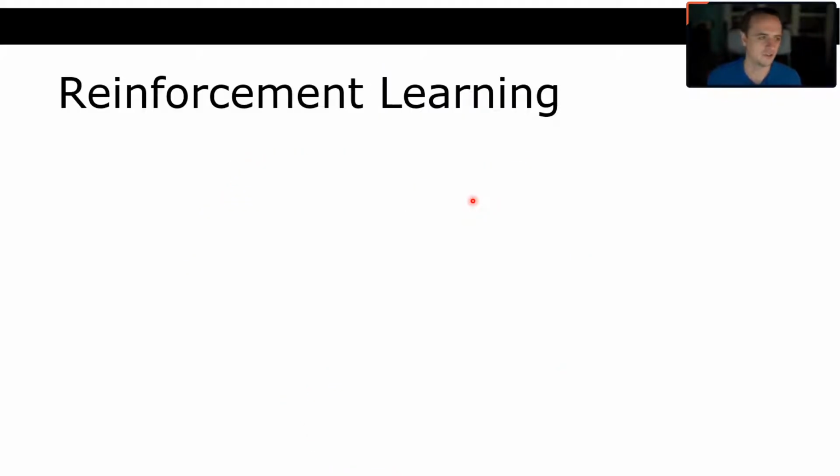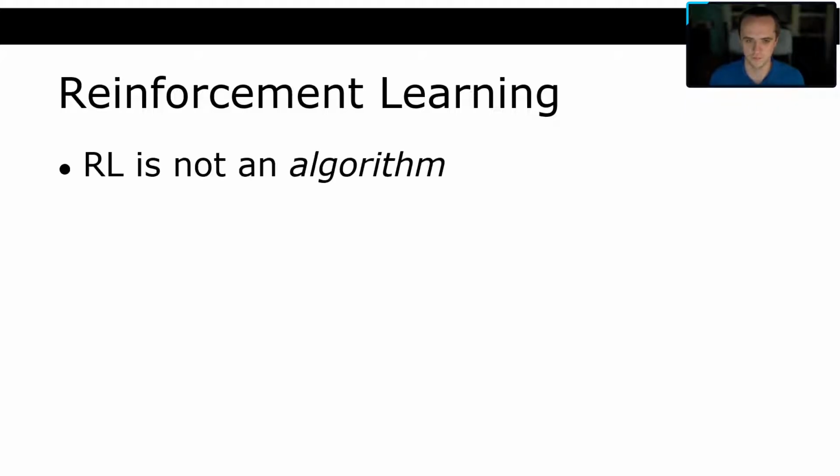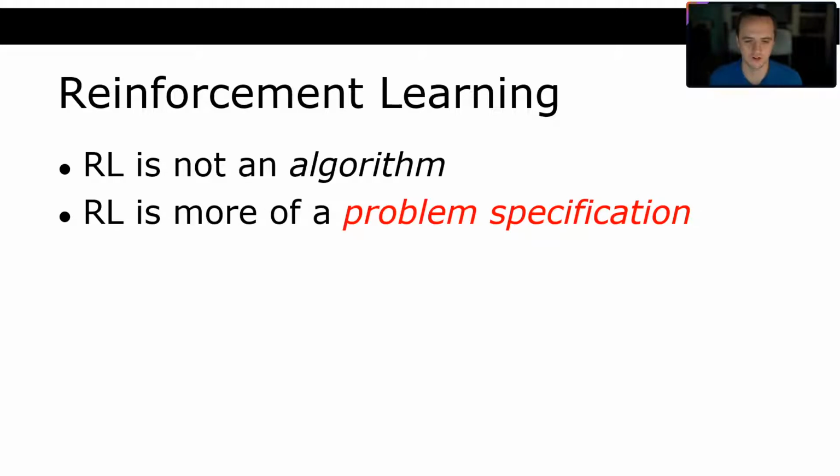And now we get to reinforcement learning. So what is reinforcement learning? Reinforcement learning, despite popular belief, is not an algorithm per se, okay? It's not an algorithm. Reinforcement learning is more of a problem specification. So we have this idea of the reinforcement learning framework, and we'll see what that is, okay?